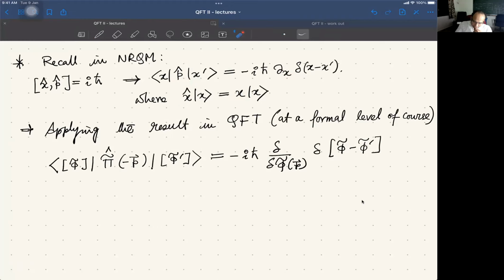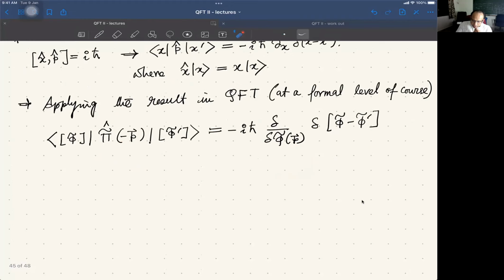So this is my momentum operator, and the conjugate position operator is φ̂(p). If this is minus p, then the conjugate position operator is φ̃(p), and that's why I'm taking the derivative with respect to φ̃(p). So this is important. This is minus p and this is plus p. That way it has been defined. Okay.